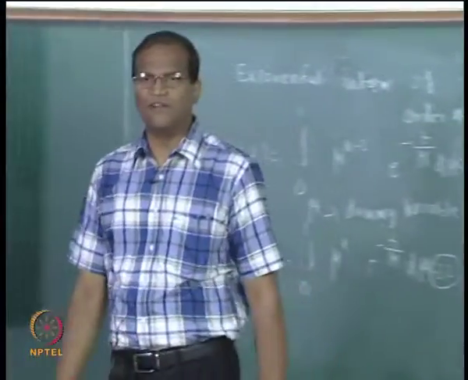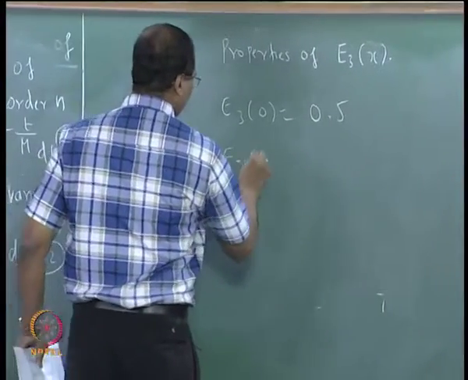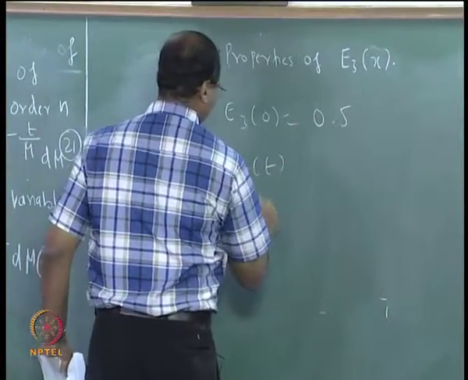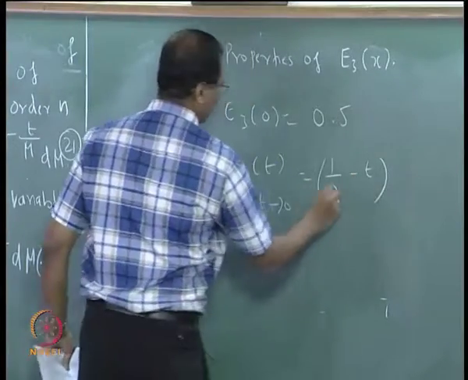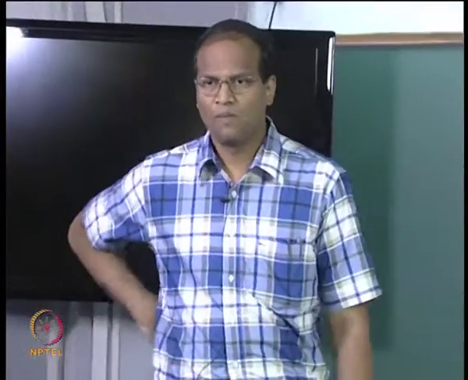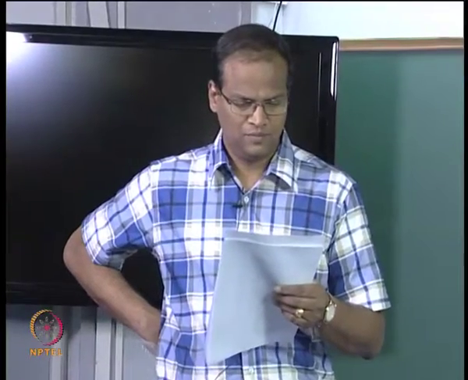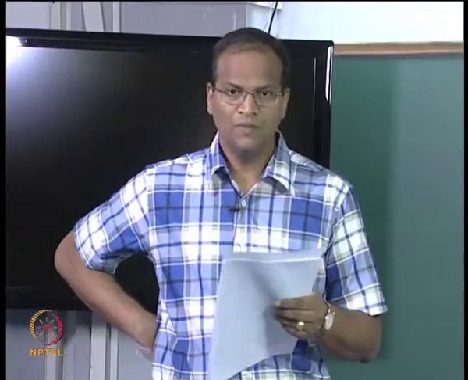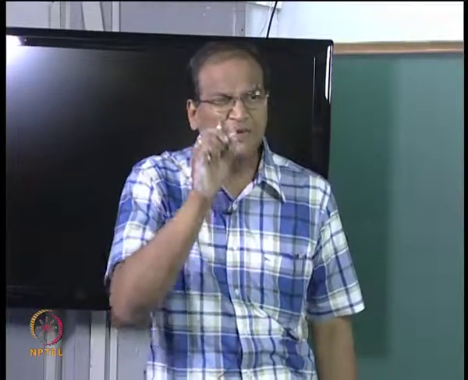E3 of 0 is 0.5. So that means that t is very small.